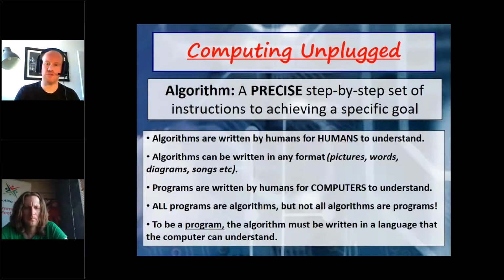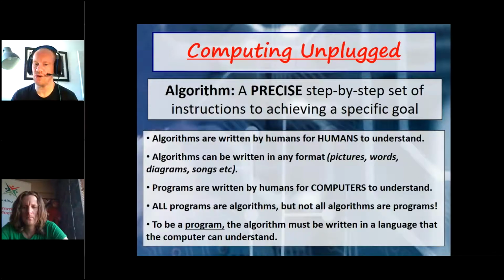But if we are stepping this right back to EYFS, to Key Stage 1, we need to realize that there can be any format. It can be pictures, it can be words, it can be diagrams, it can even be songs. As long as it is a precise step-by-step set of instructions to achieving a goal, it is an algorithm. And remember, it doesn't have to have any use of technology whatsoever.